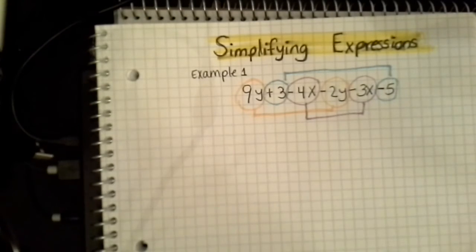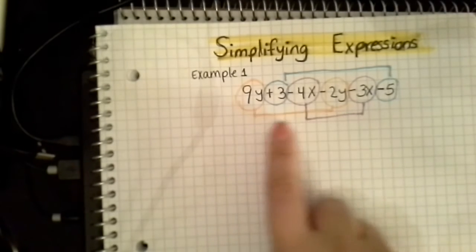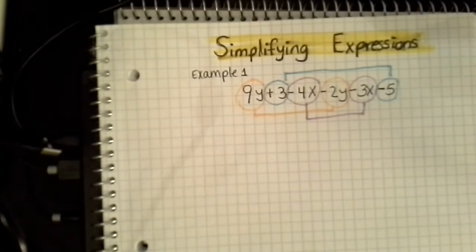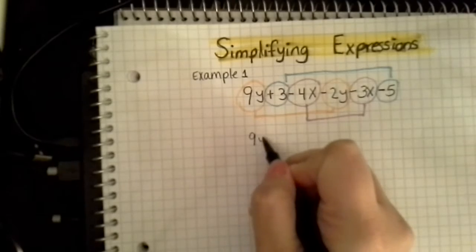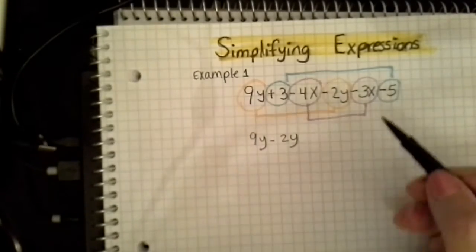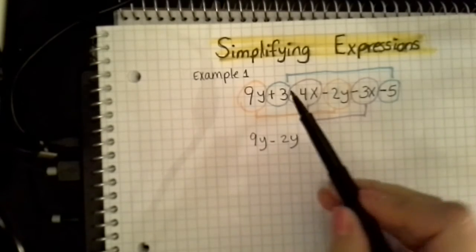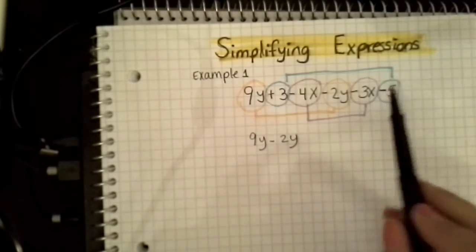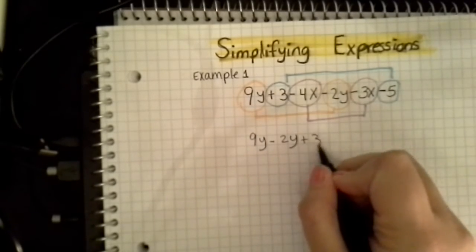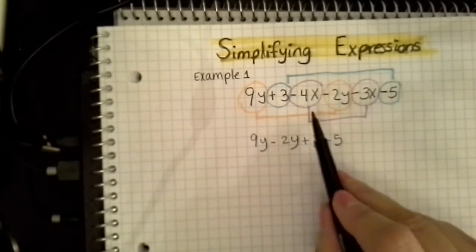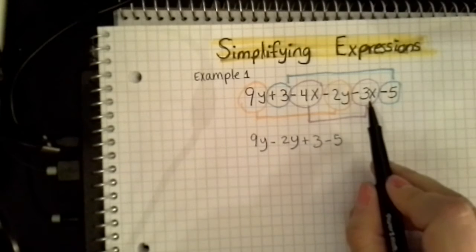So combining like terms, let's rewrite this. I'm going to rewrite the first ones that we matched together, the 9y and the negative 2y. That gives me 9y minus 2y. I'm going to put them together. Then I'm going to put the second set of terms that are alike, the positive 3 and the negative 5. Lastly, I'm going to put the other two terms, the negative 4x and the negative 3x.